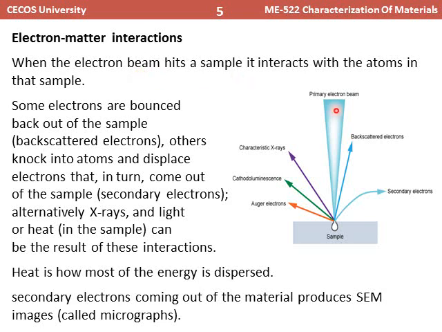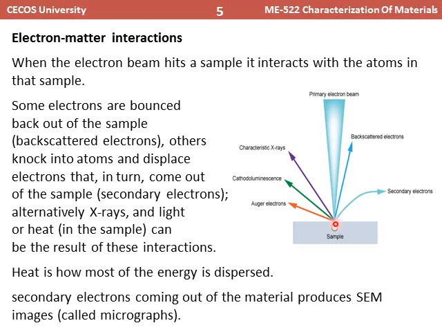So what is happening if a high energy beam of electrons, after passing by a series of magnetic coils that focus on a very teeny small area of the surface of the sample, is bombarded over that very small surface area?